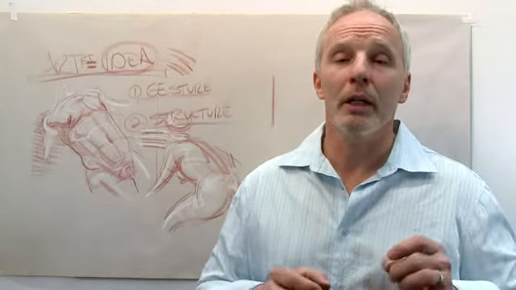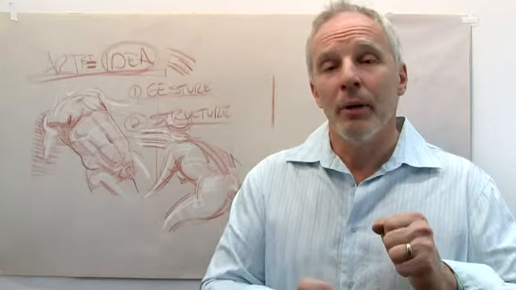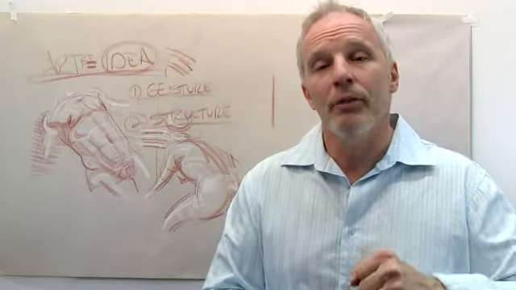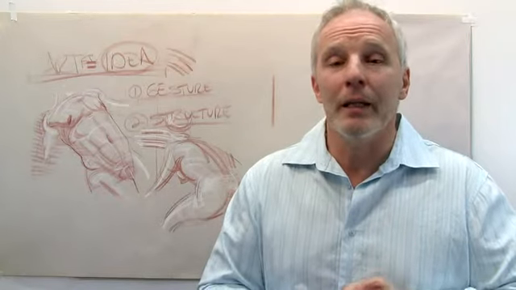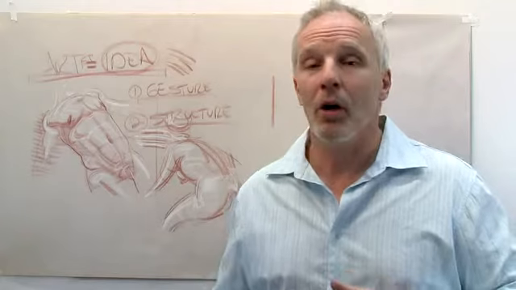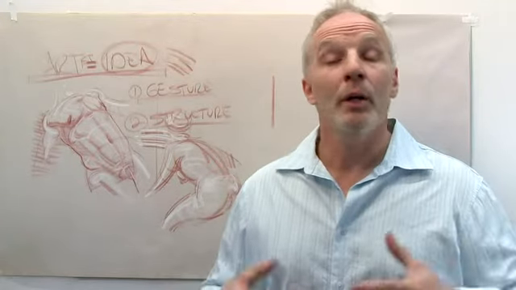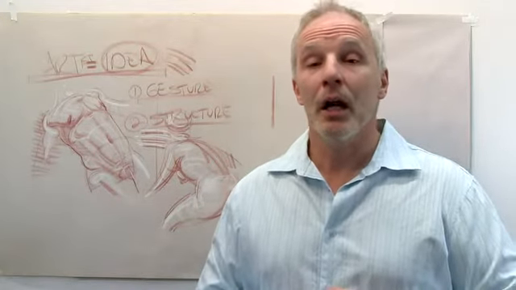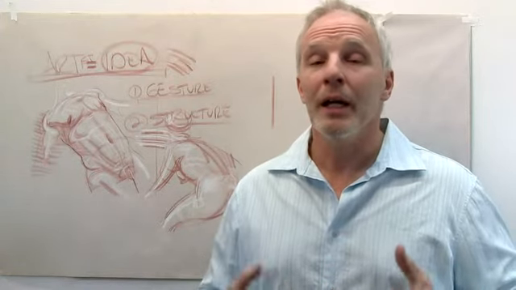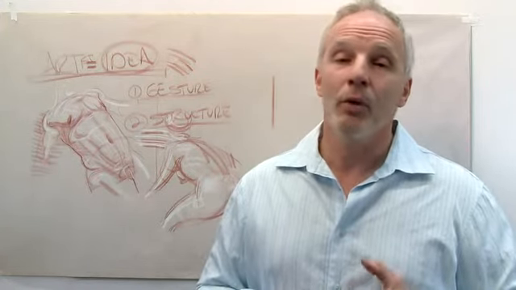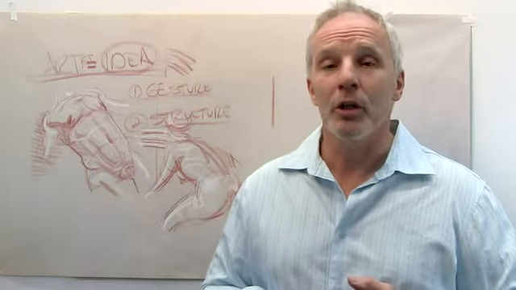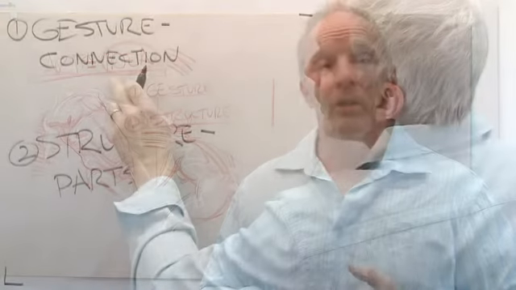And so what we're going to need to find out is how to make gesture and structure not only work and be functional for us in the very beginning, and that's what we're going to start with today, but when we get into rendering in tone with light and shadow, when we get into painting in color with warm and cool and rich and gray, it's still got to be there. And even when we get into the three dimensions of sculpture, it's got to be there for sure. And so let's get started.